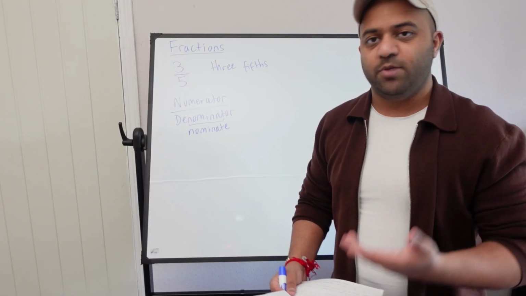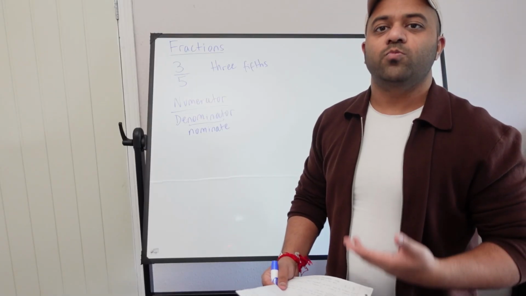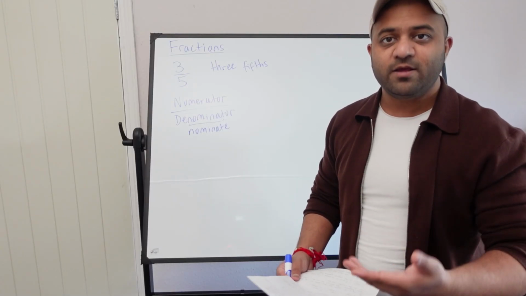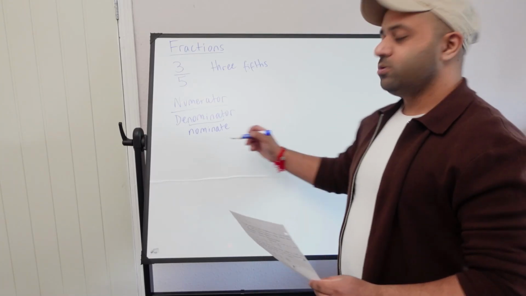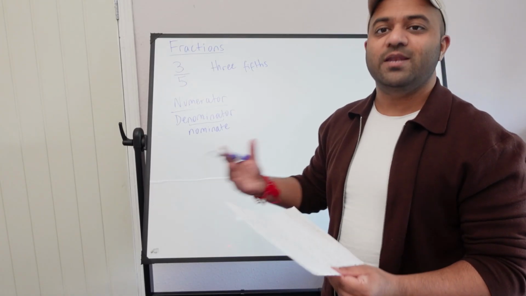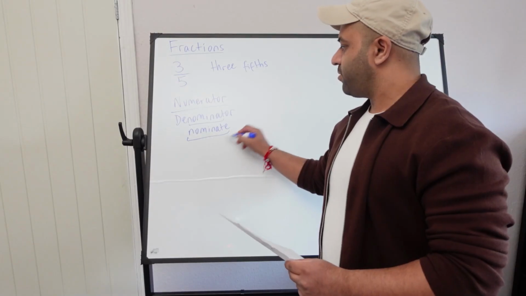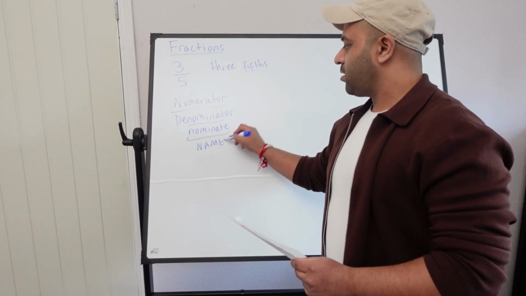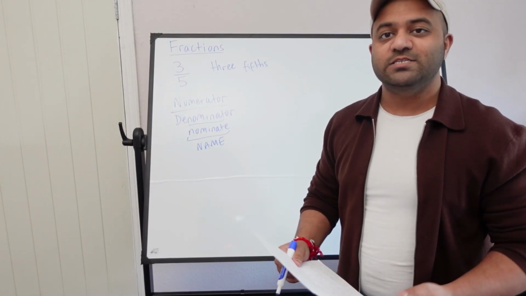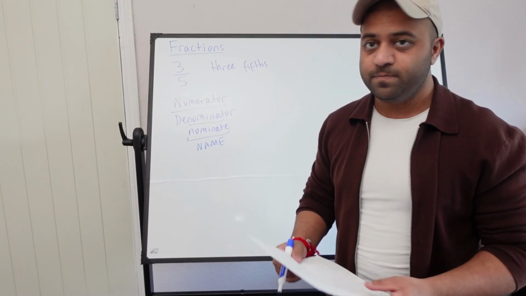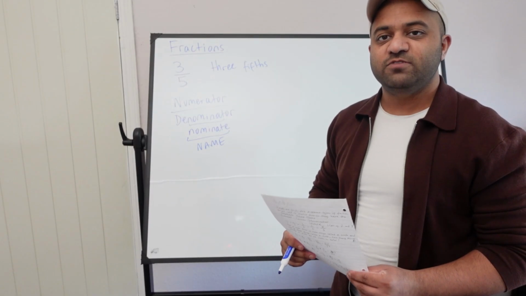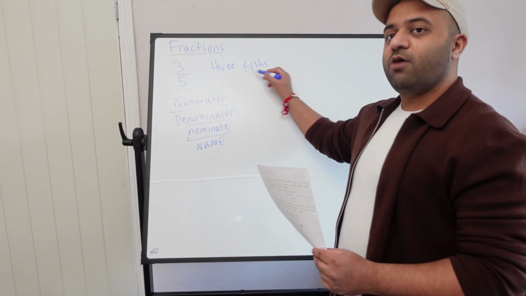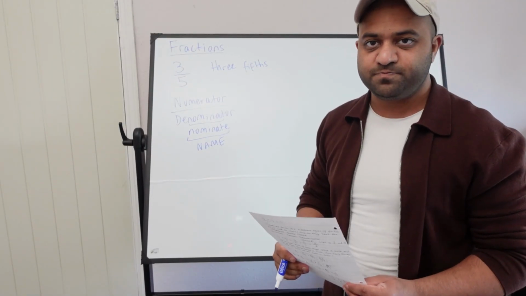For instance, the nominations for Best Actor, the host would then read the names of the nominees. So to nominate someone is to just name them. So the denominator is the name of the fraction. If we go back to the 3/5, the fifths are the name of the fraction.